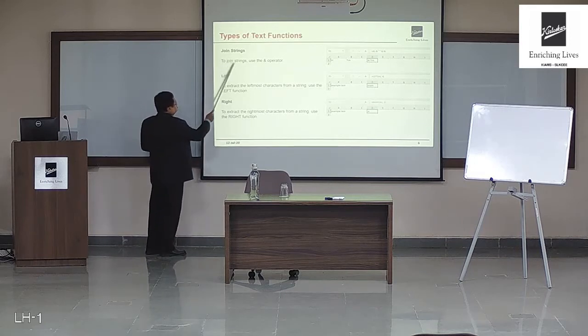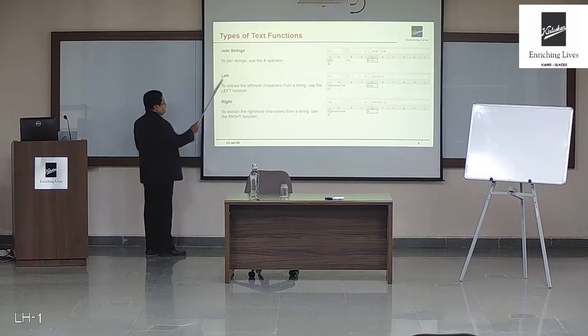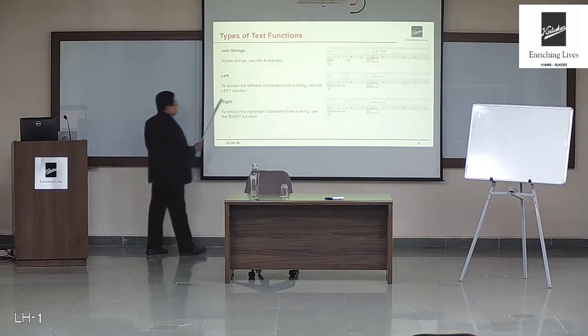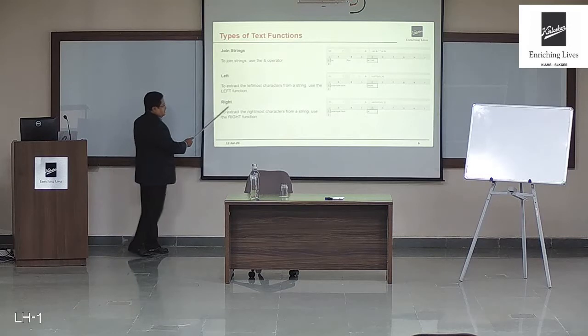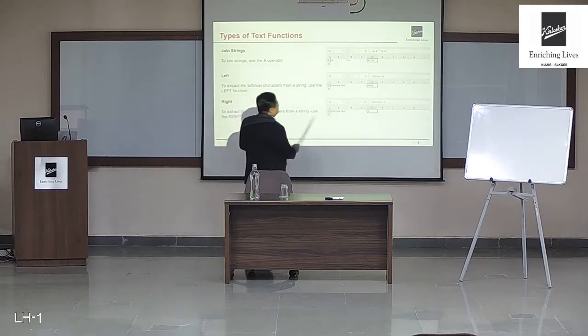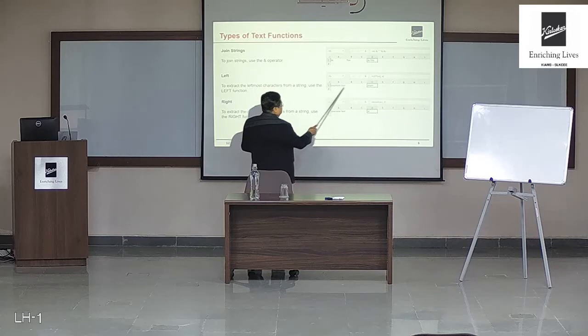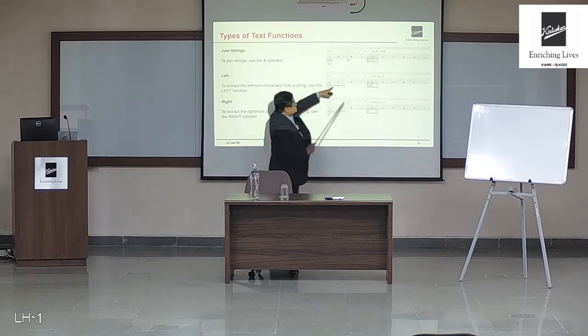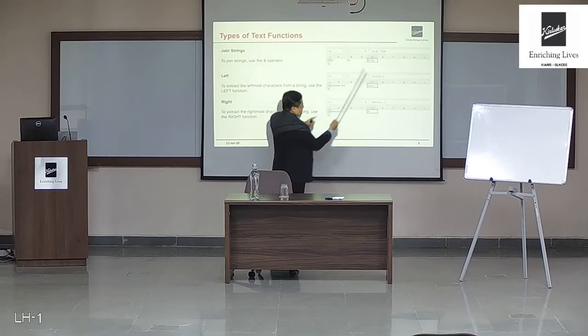To join two strings, use the and operator. You can use left, you can use right. The left text function will extract the leftmost characters from the string. The right function will extract the rightmost characters from the string. Take an example. The text is EXAMPLE. So LEFT(A1,4): A1 is the cell address, and 4 is the number of characters.